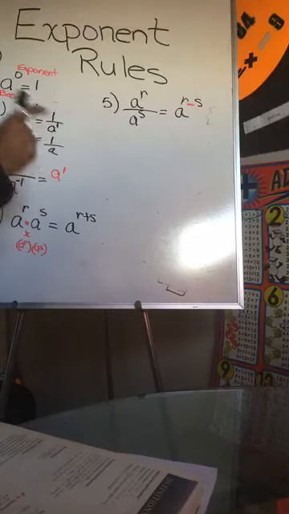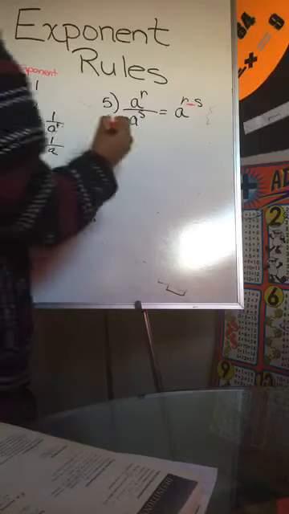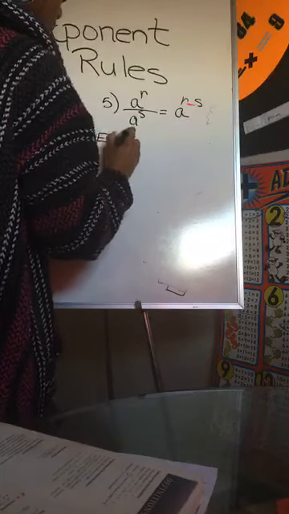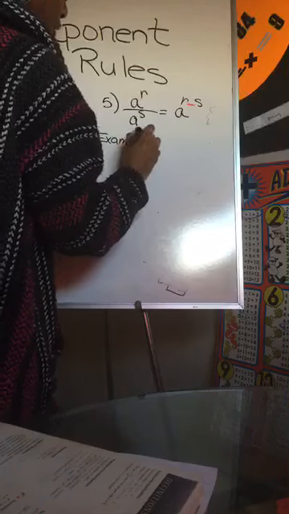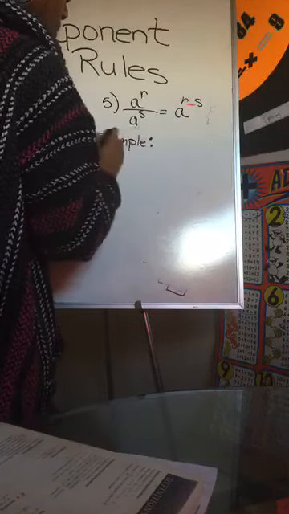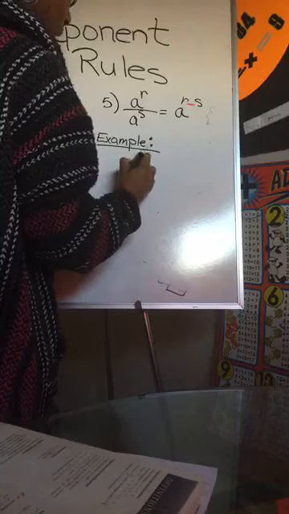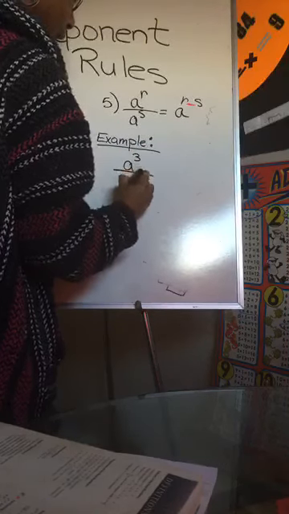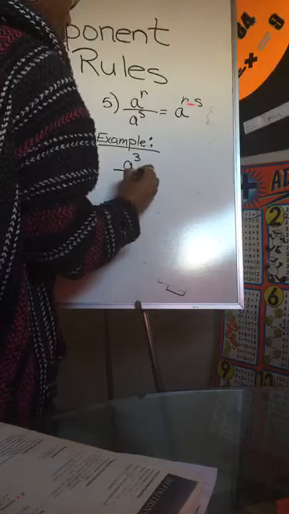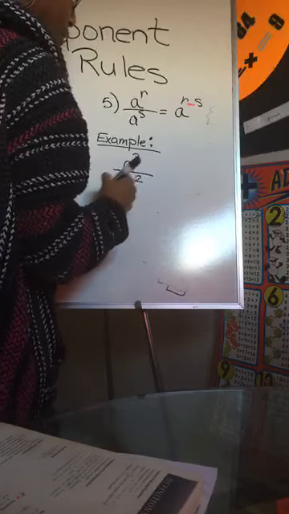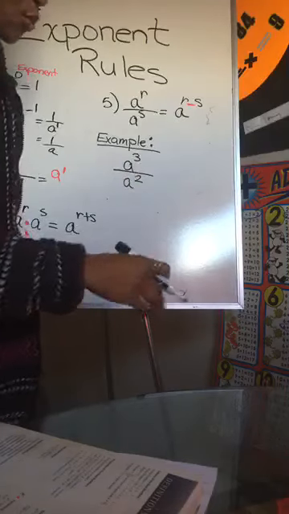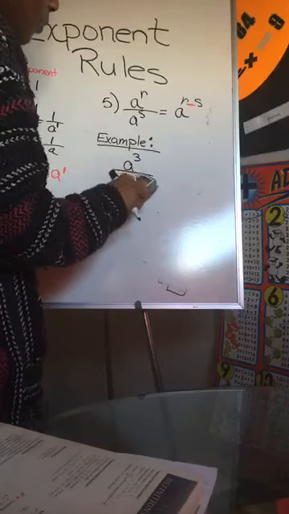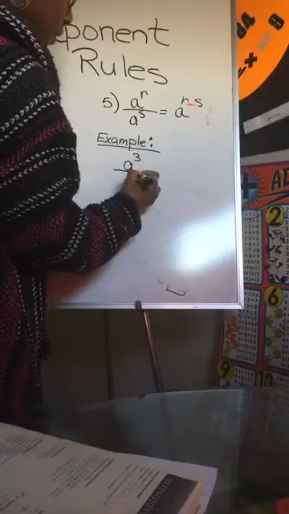So let's do an example. All right, so this is my example, so you'll have everything in your notes. Okay, so what if we say a raised to the 3rd power divided by a raised to the, let's just use 1 so we can see the number. I want to make sure it comes out kind of evenly.